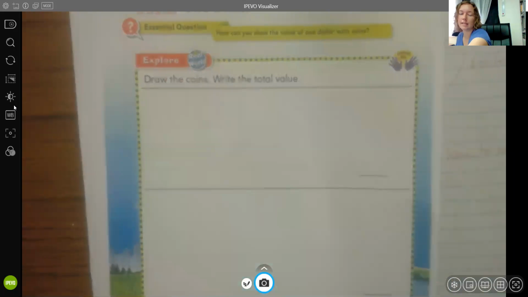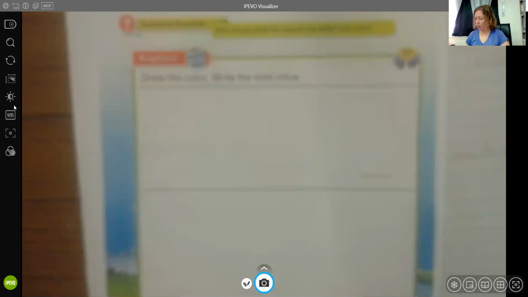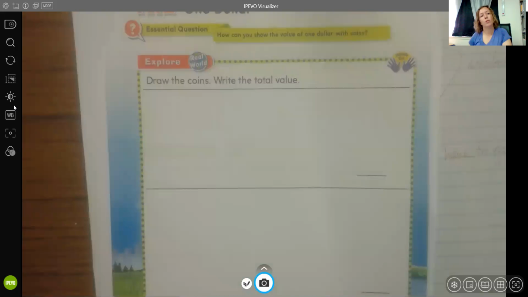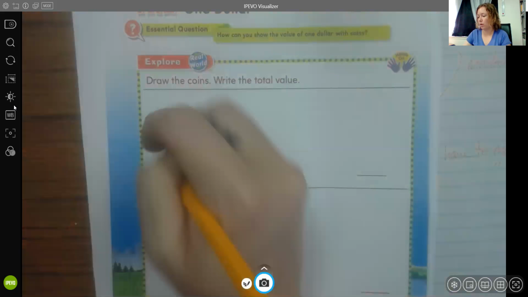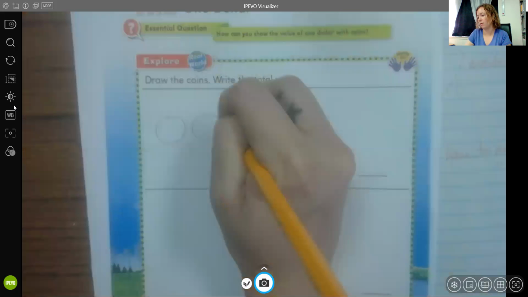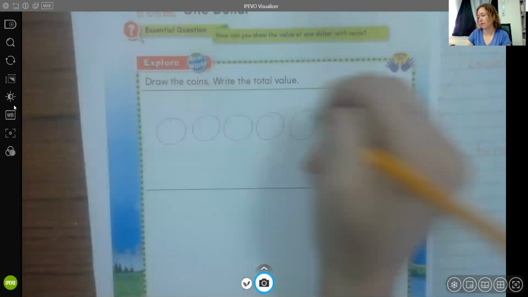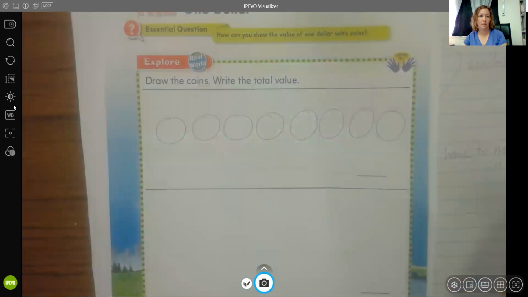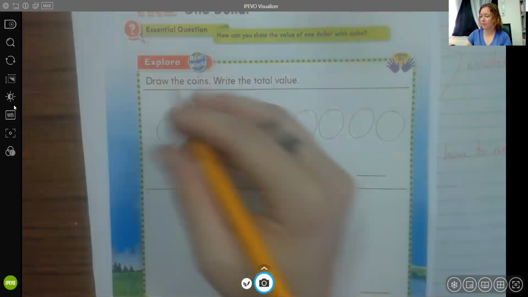Now, it says that they want you to draw 8 nickels and count to find the total value. So first off, we're going to draw our 8 circles. 1, 2, 3, 4, 5, 6, 7, 8. Now, how much is a nickel worth? 5 cents. So you're going to write 5 cents on each one.